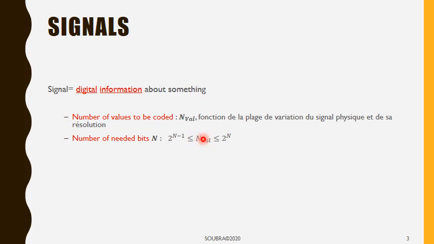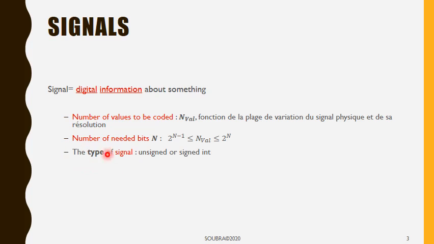So 3 is in between 2 to the power of 2, so 2 bits, so 4 decimal, and it's more or equal than 2 to the power of 2 minus 1, which is 2, so we're good. So 3 is in between 2 and 4, so we're good. Right, so how many bits are needed to code the number of values?